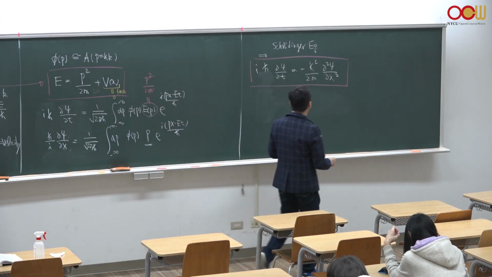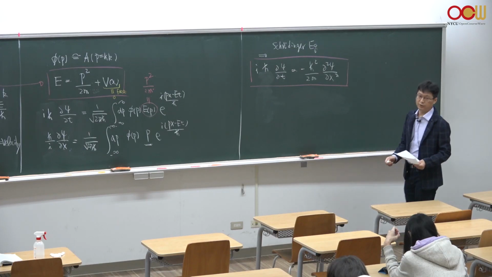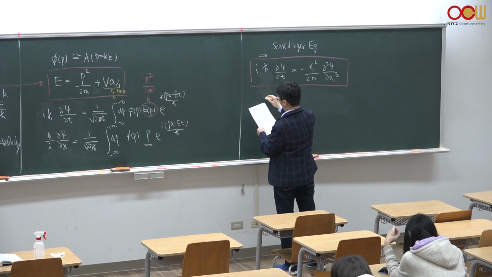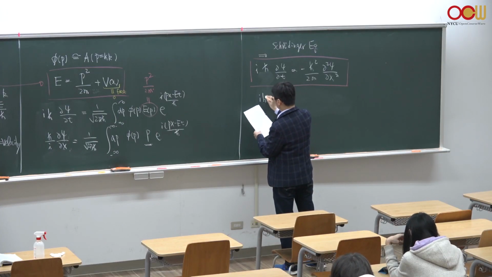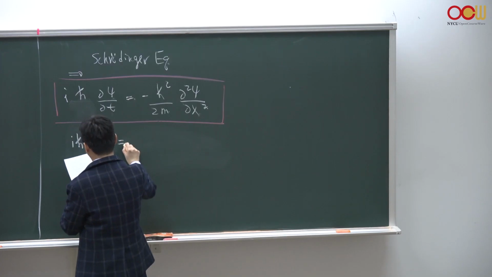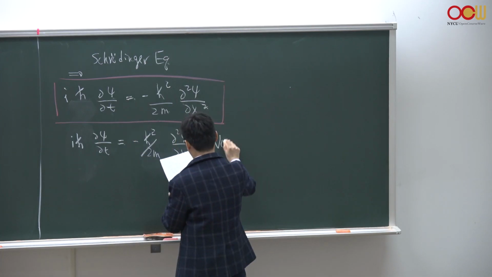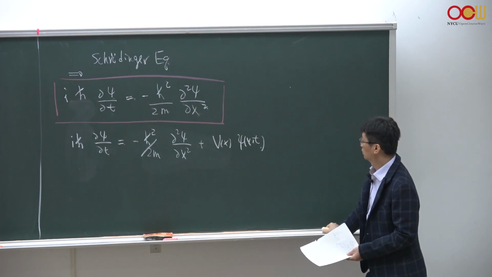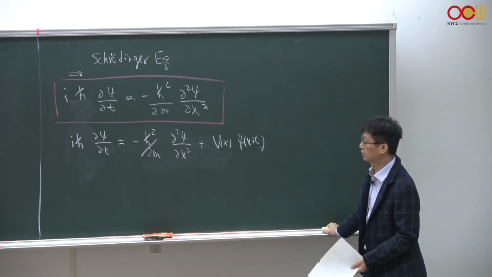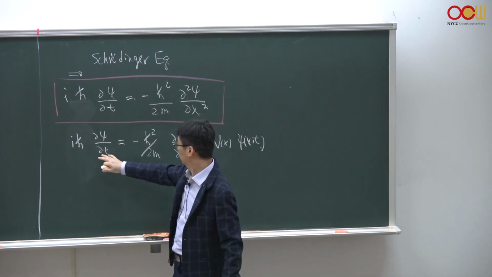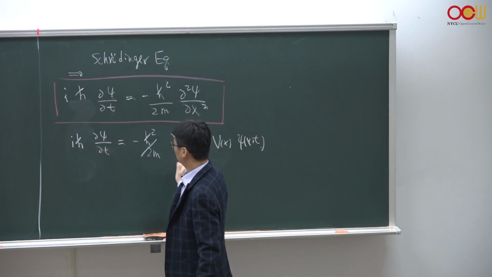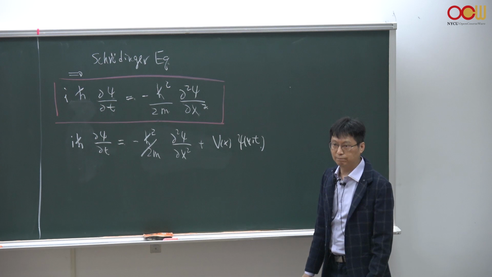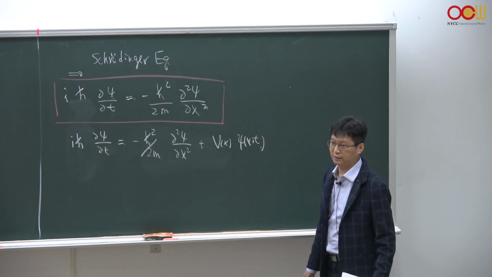Okay, but what about in the presence of potential V? Well, in the presence of V, we could generalize this Schrödinger equation for a free particle to this form. And you could also do the same thing, that you could just plug in this wave packet form of psi right here on both sides of the equation, and you simply compare all these integrals on both sides of the equation, and they should be identical.